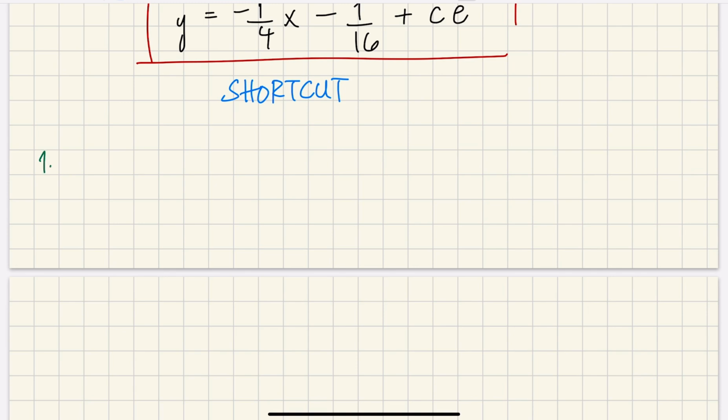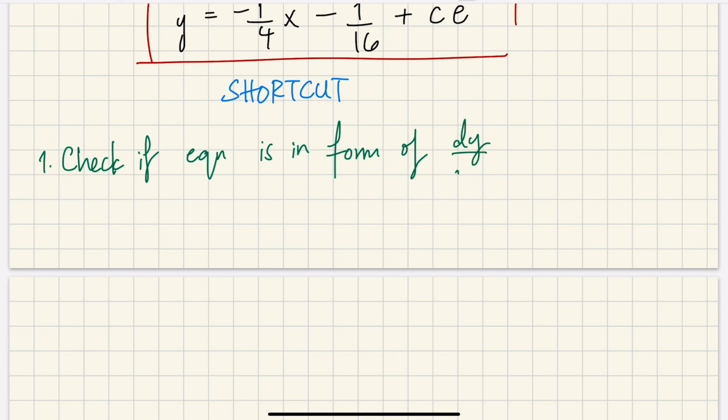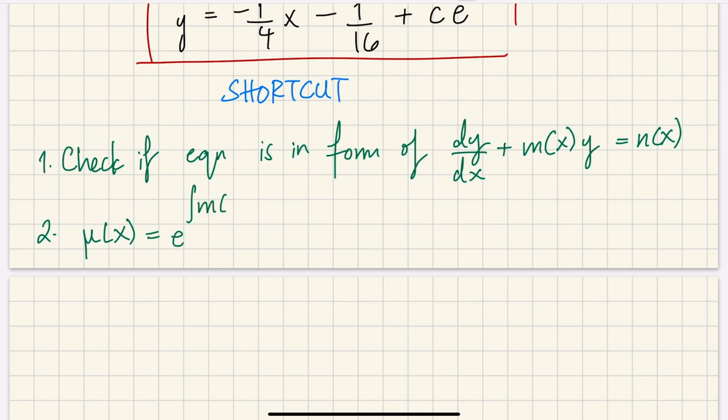So first, you're going to check if the equation that you're dealing with is in the form of dy over dx plus m of x times y is equal to n of x. Step 2, you find the integrating factor, which is e to the power integral of m of x dx.